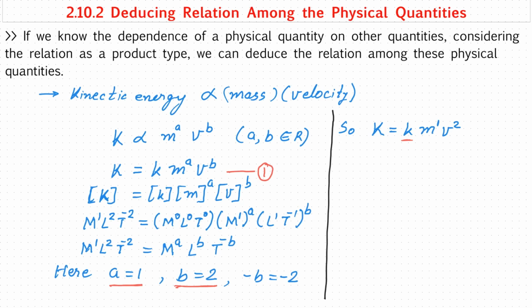This we can prove by experiment only, but experimentally the magnitude of the proportionality constant k will come 1 by 2. So let me just mention that experimentally small k is equal to 1 by 2.